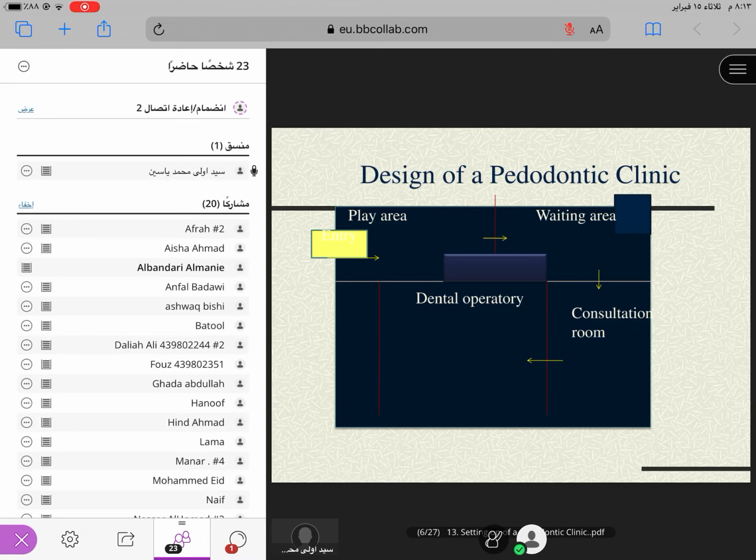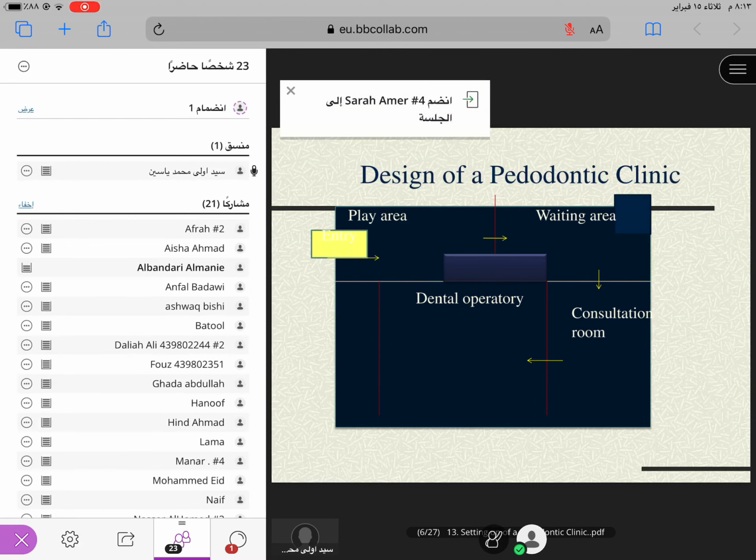Okay, basically the operatory should be big. You have two separate operatory rooms. Okay, one with a glass door, so that any uncooperative patient can be treated in the glass room operatory. Following the dental operatory, the child should exit from this area. It is basically a horseshoe shaped design of the dental setup.